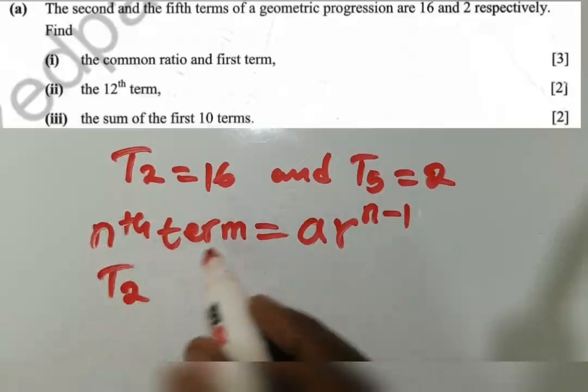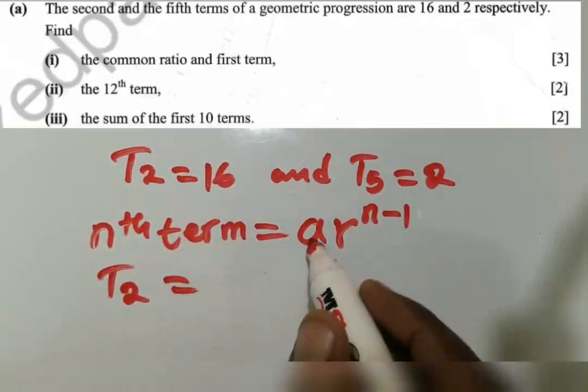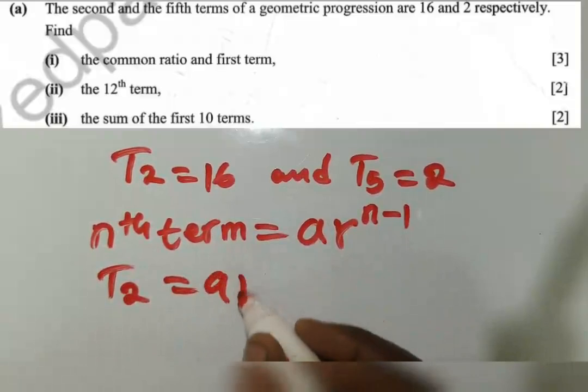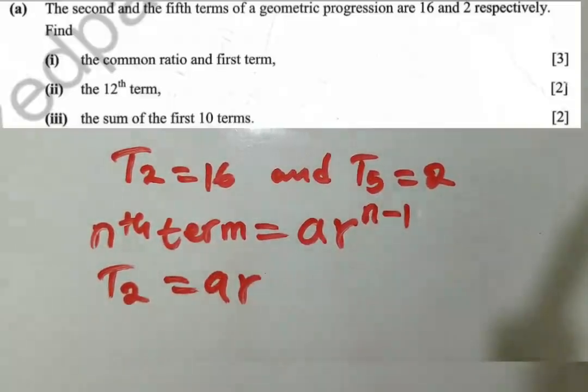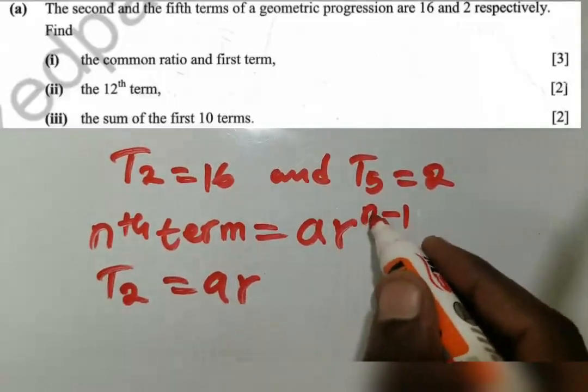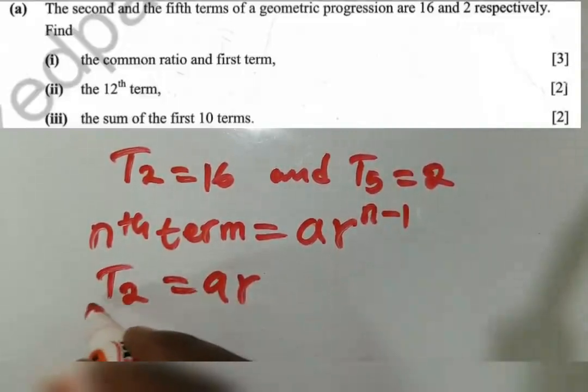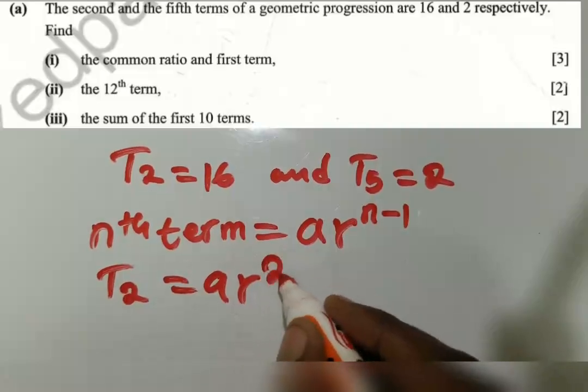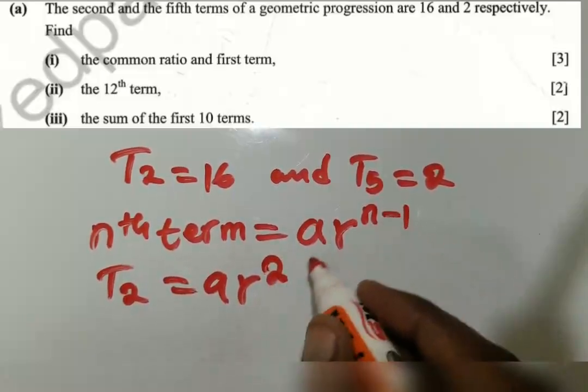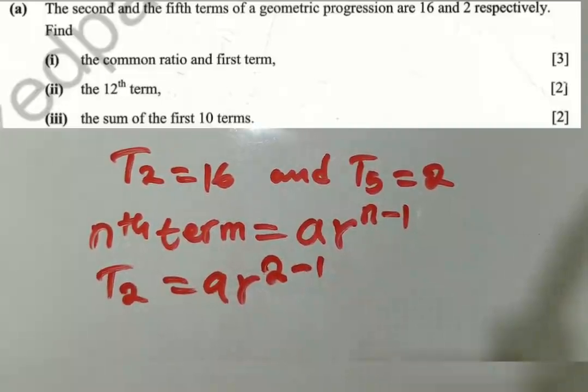Here term 2 is equal to a r to the power n minus 1. N, as I said in the previous video, represents the number of terms, so here n is 2.